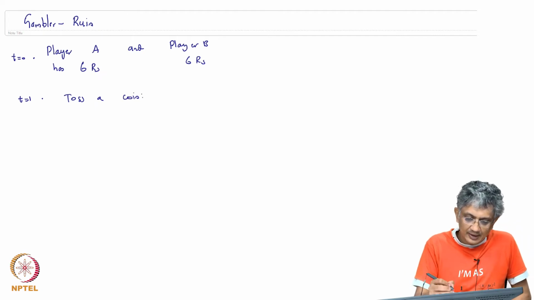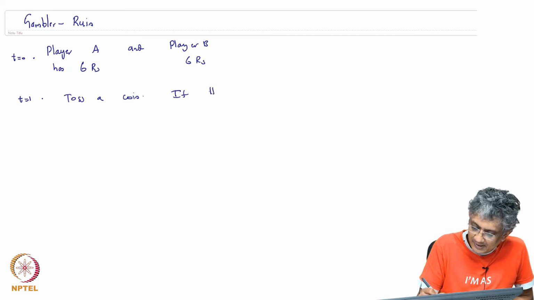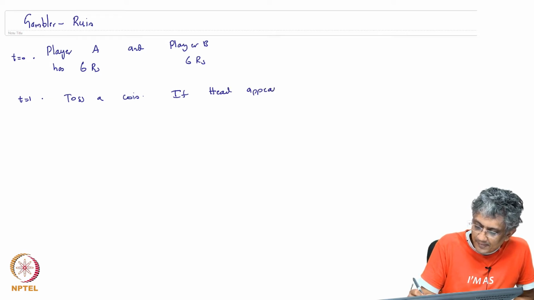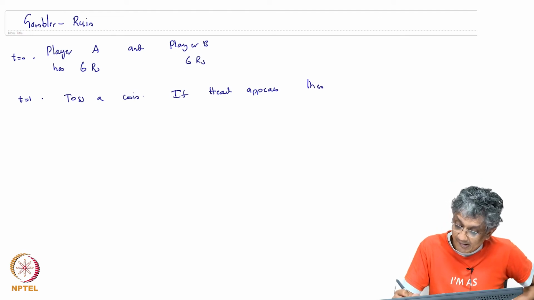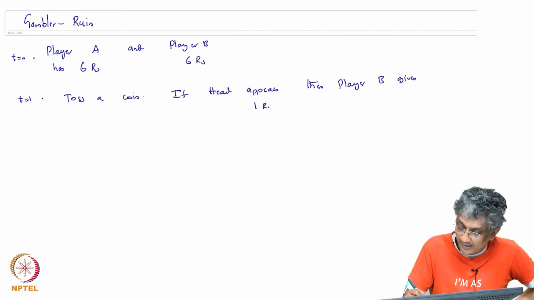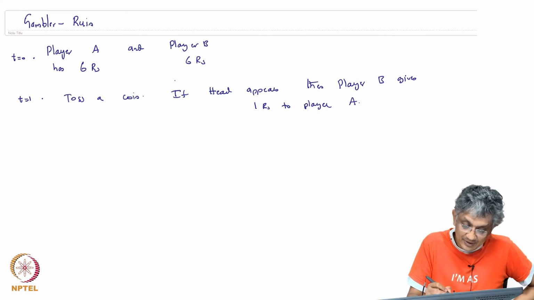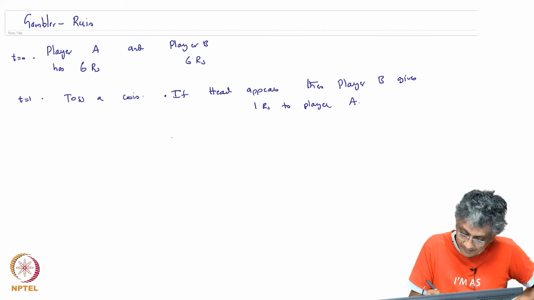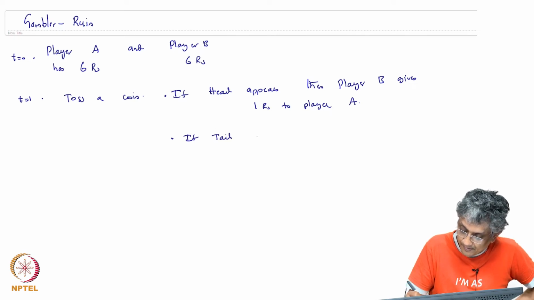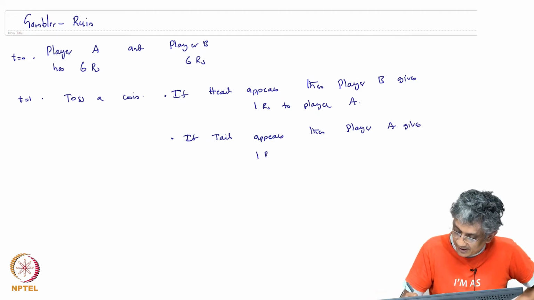Now, if head appears, then player B gives 1 rupee to player A. If tail appears, then player A gives 1 rupee to player B.